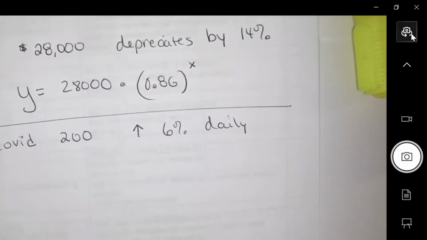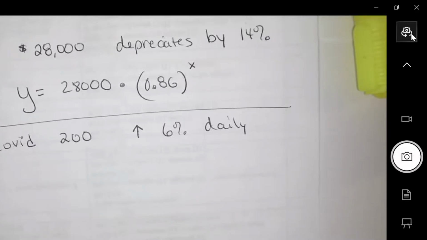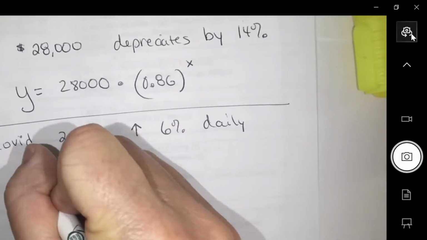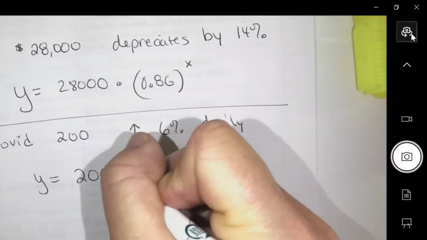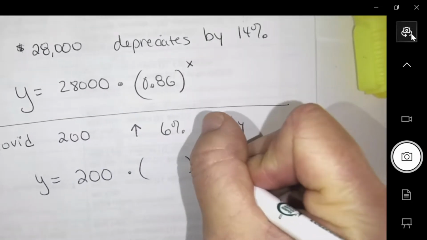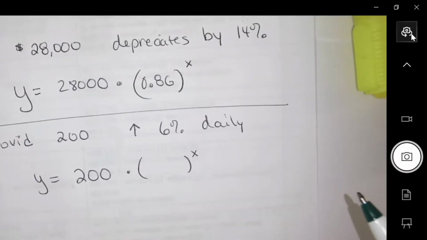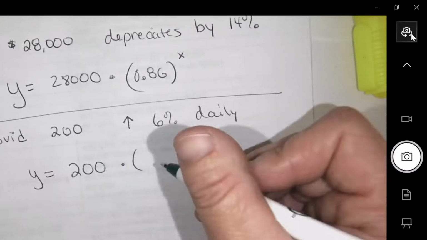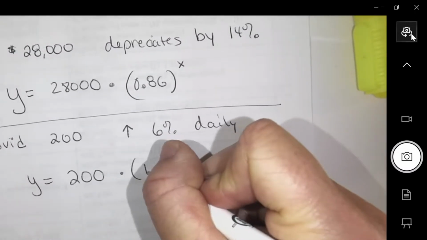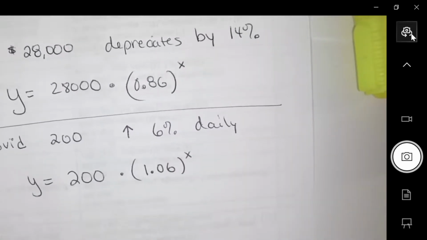Write me an equation. Y equals 200 times the rate. What is the rate in this case now? So it's increasing by 6%. So now this is 1.06. Okay, remember you have to be bigger than 1 if you want to increase something.